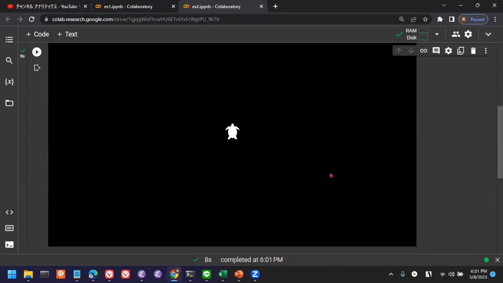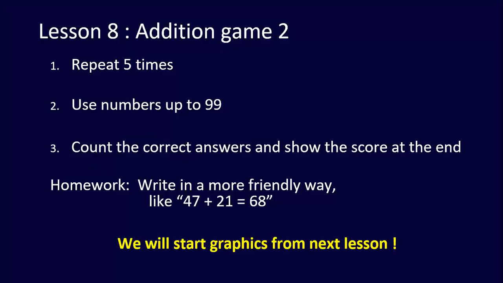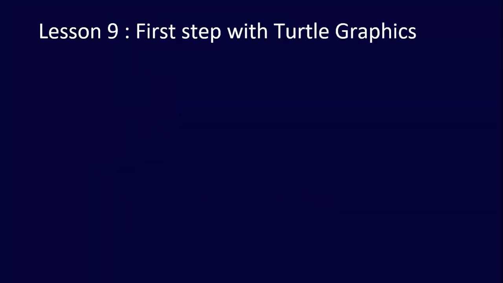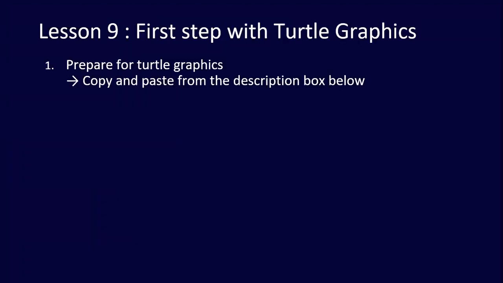Okay, let's go to the slide. First step with turtle graphics: prepare your turtle graphics. Done. Copy and paste from the description box below. Next, draw a line, t dot forward 200.